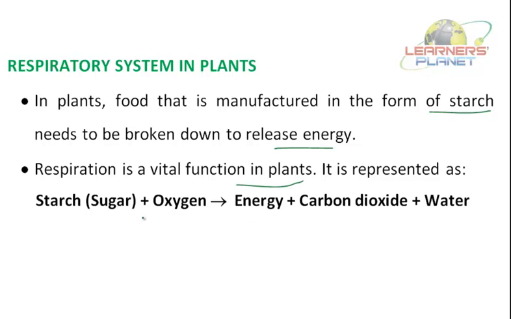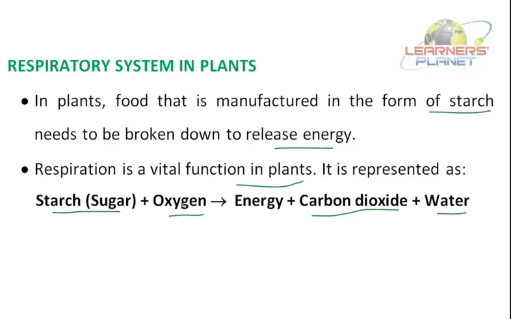It is represented by this chemical reaction. Starch, which is actually a form of sugar, plus oxygen. With the help of oxygen, this breakdown of food takes place in plants, and it finally releases carbon dioxide plus water plus energy.